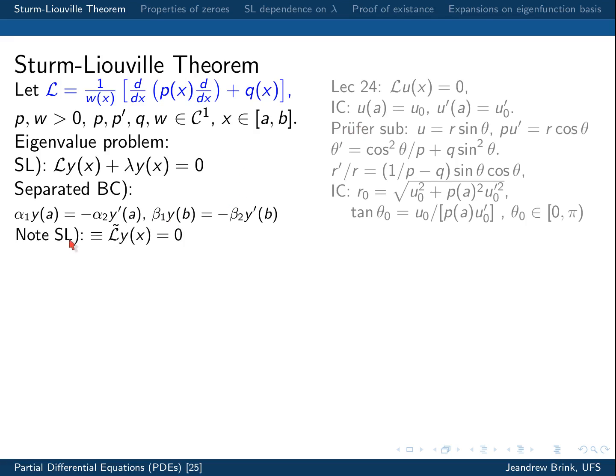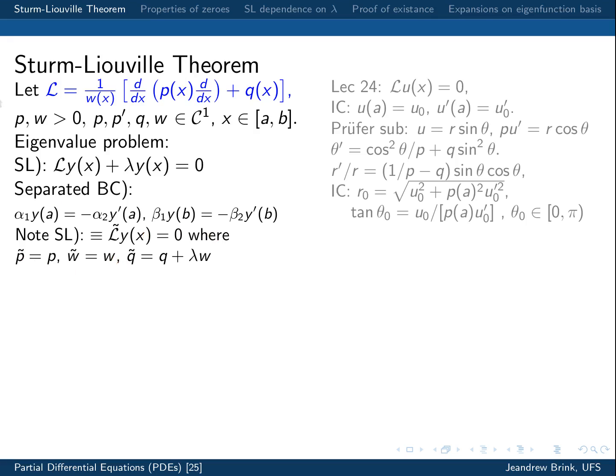The first thing to note is that the Sturm Liouville eigenvalue problem can be simply recast as a problem like this, but with a different linear operator. In fact, the new linear operator has exactly the same structure as the one defined L. We just have to redefine what the functions p and q are. We say p tilde is simply p, w tilde is simply w.